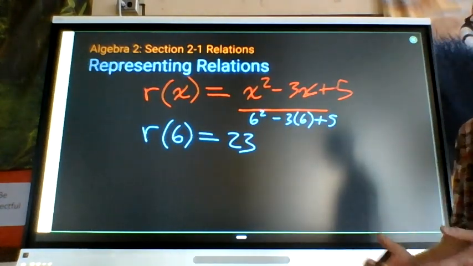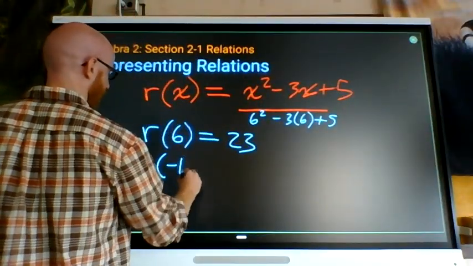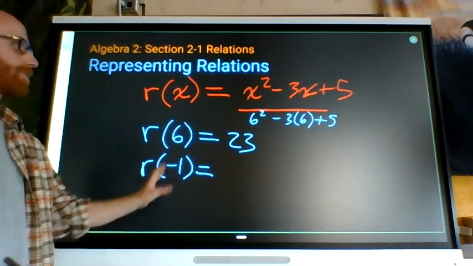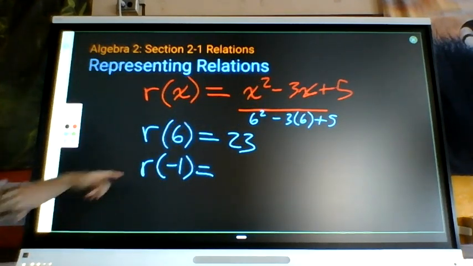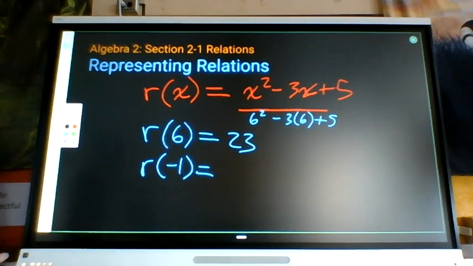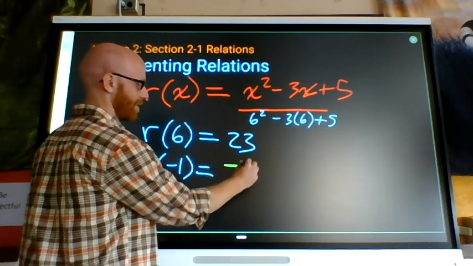And if I wanted a different value, I would do R of -1 equals. That would just mean replace x with -1. See if you can do that. I think you should come out with something like 7 on that.